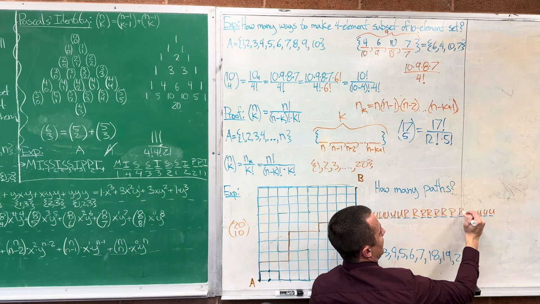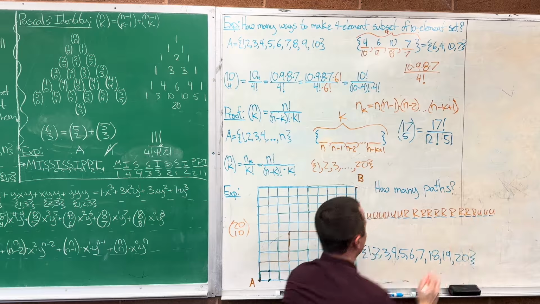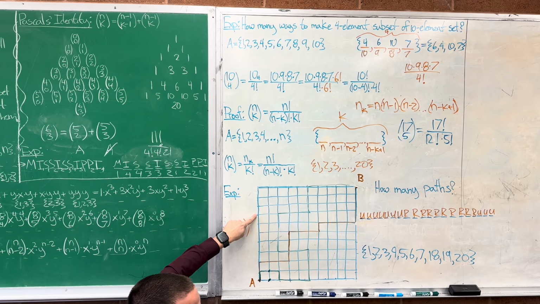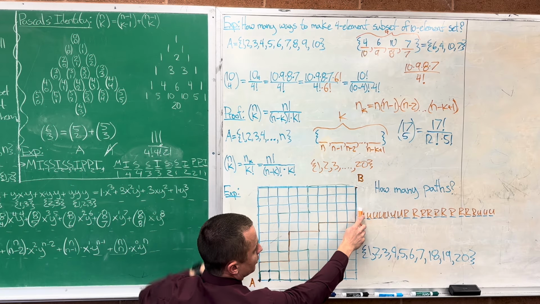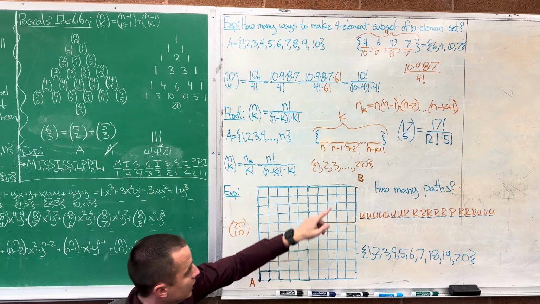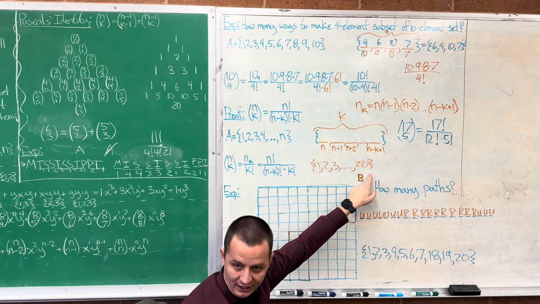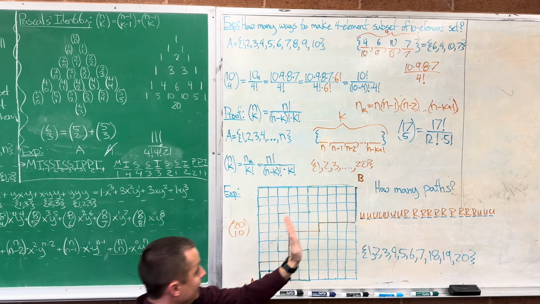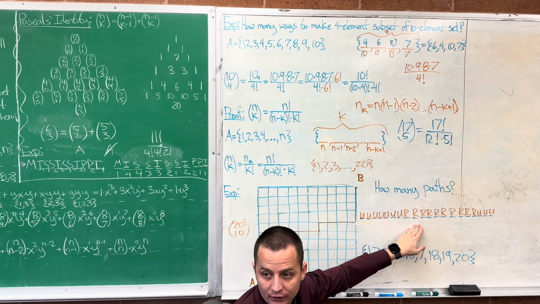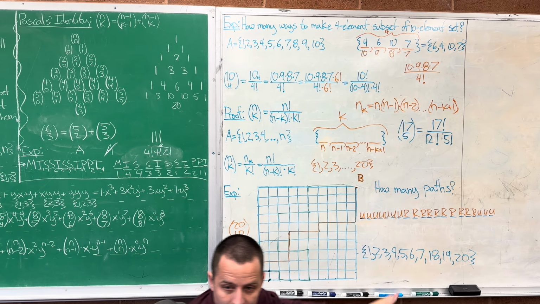That will give me one of my paths. Let's see, how many times do I go up? I go up 7 times, then to the right 10 times, and then up 3 times. It was that path. So for every single path, we start with a 20 element set, choose 10 indexes, and whatever those 10 indexes are, make those your ups, and the rest are going to be rights. And that's all the paths you could possibly take.